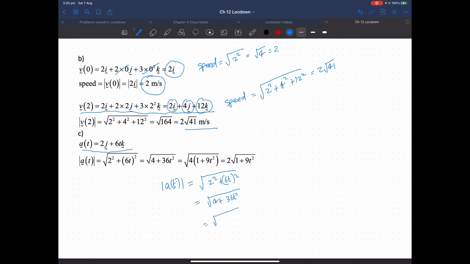That is 4 times 1 plus 9t squared. Using our surd laws, the square root of 4 is 2, so I've got 2 root 1 plus 9t squared. I now have a general formula for acceleration in meters per second squared.